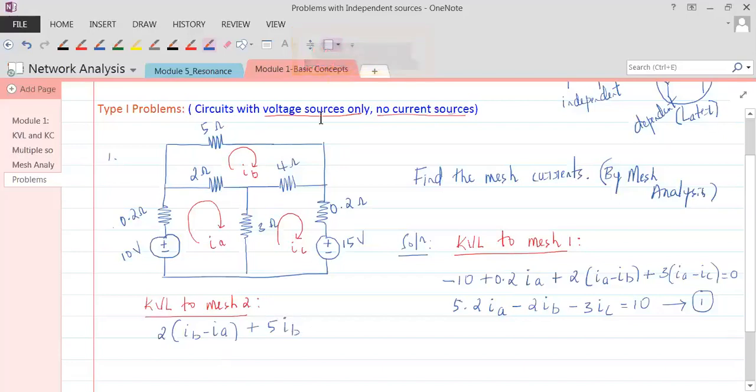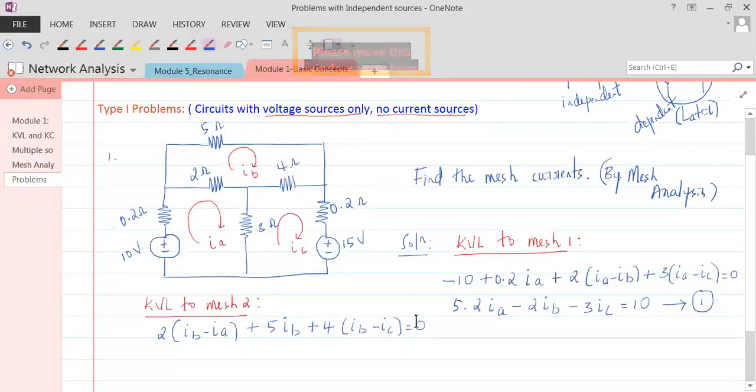Through these 4 ohms, again, there are 2 currents: IB to the right, and IC to the left. Since I'm operating in mesh 2, the current in mesh 2 would be positive. So in that sense, I can write this as plus 4 into IB minus IC equal to 0.